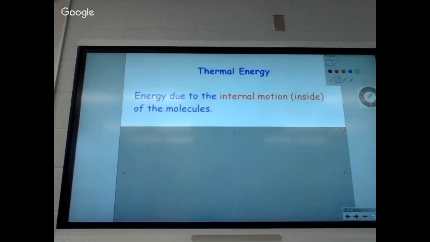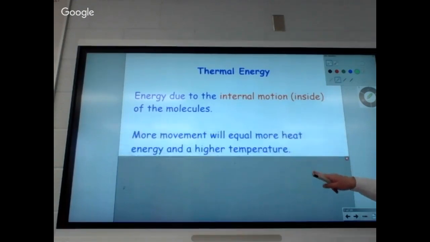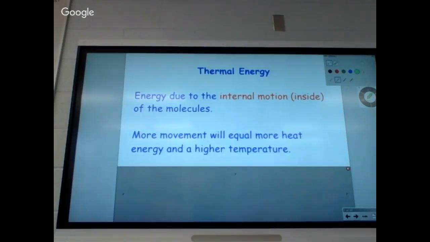What's going to happen to the particles inside your body? Are they going to move faster or slower? They're going to move faster, so you're going to feel hot or warmer. So thermal energy is about internal motion. When you move around, you will feel warmer.